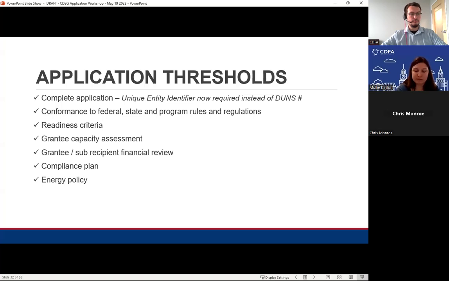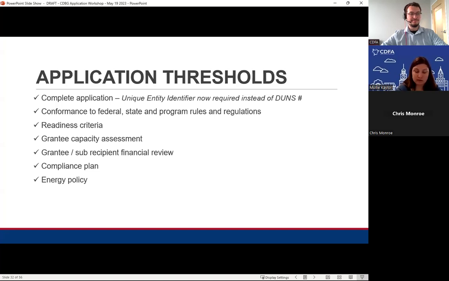Information needed for CDFA to complete a grantee capacity assessment. And this assessment evaluates an applicant's capacity and performance to carry out a proposed project. So for prior grantees, this includes evaluation of the applicant's present capacity to undertake new projects and its prior performance with CDBG projects in the past.